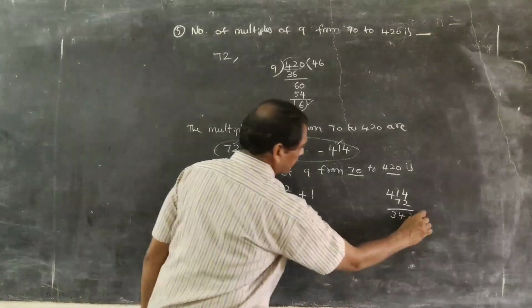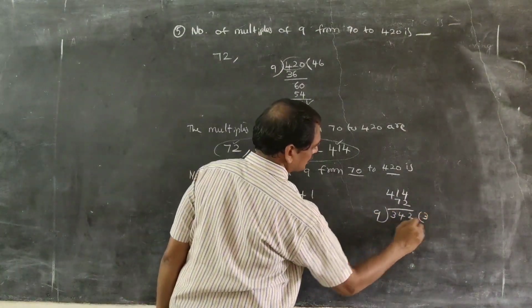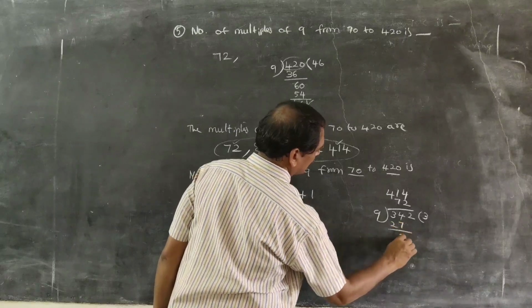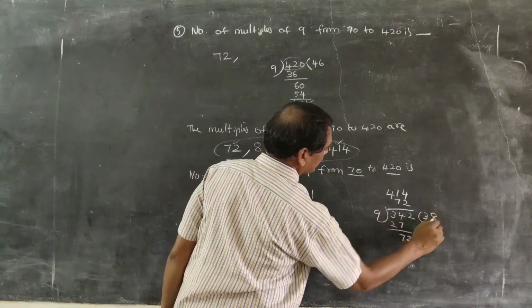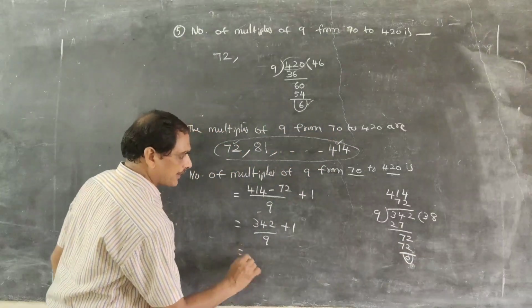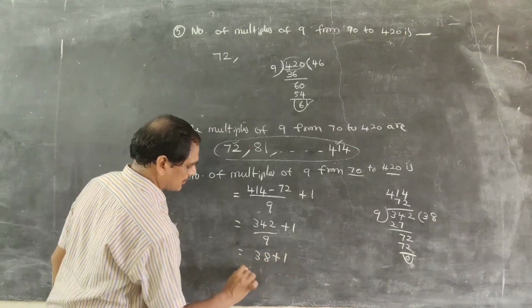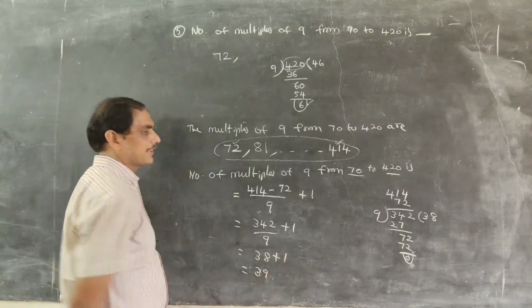We divide 342 by 9. 9 threes, 27. 9 eights, 72. So the quotient is 38 plus 1, that is equal to 39.